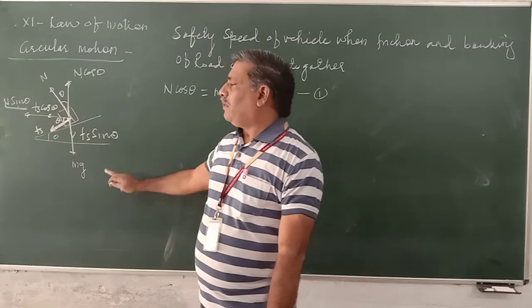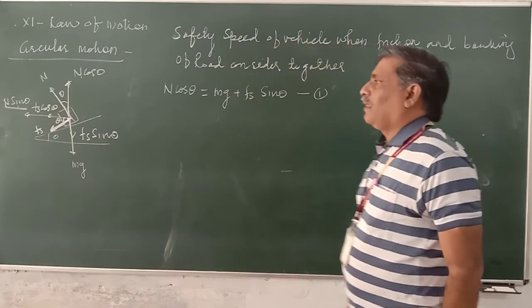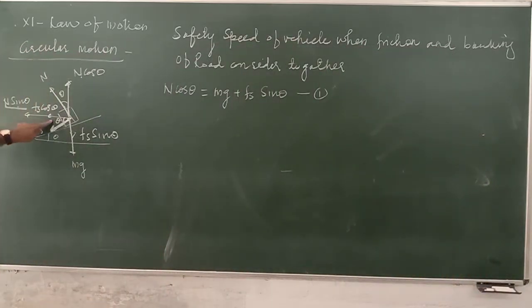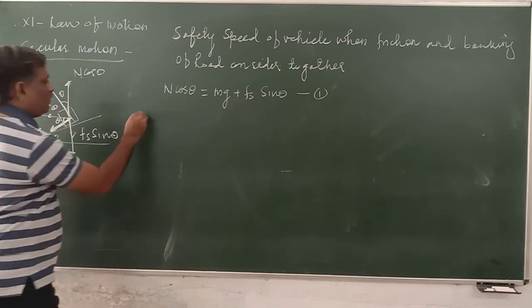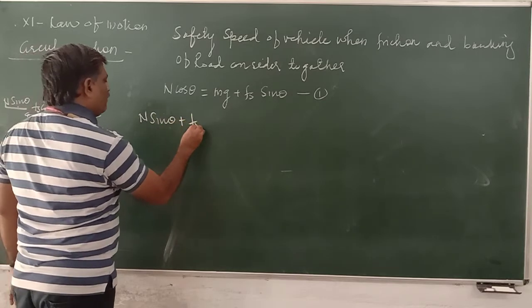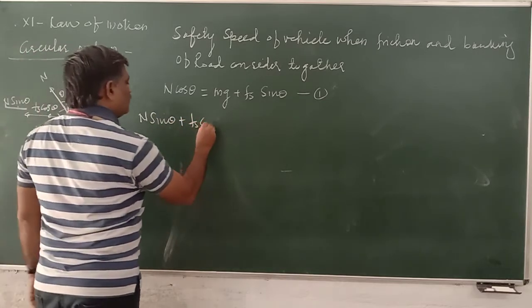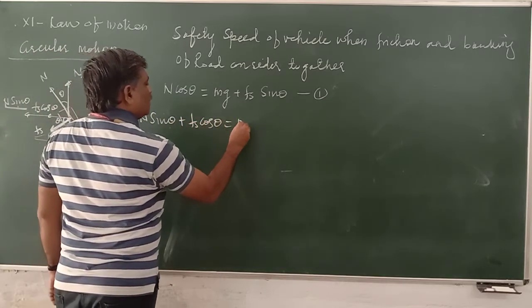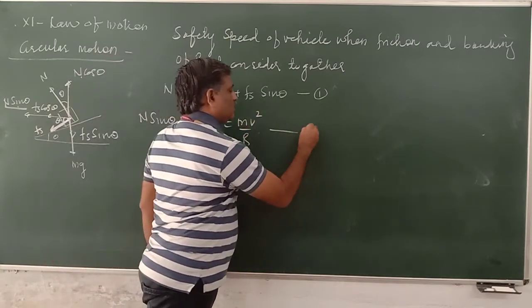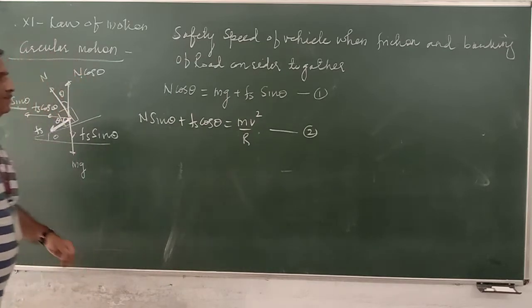So in equilibrium, they are equal. In the horizontal direction, this is providing the necessary centripetal force. Therefore, n sin theta plus Fs cos theta is equal to mv square by r, because centripetal force is this.